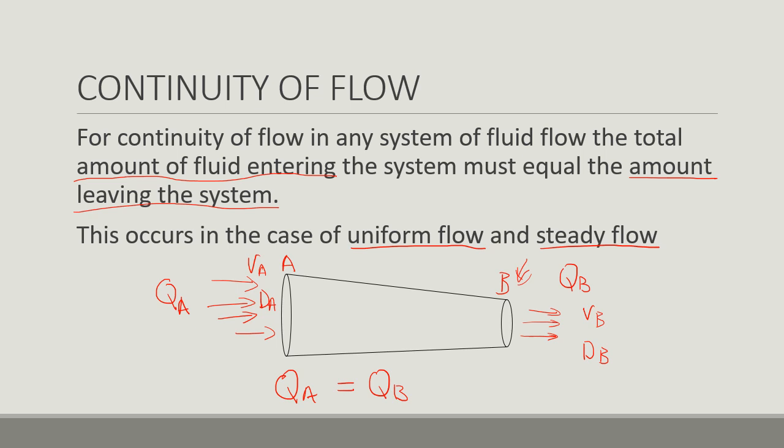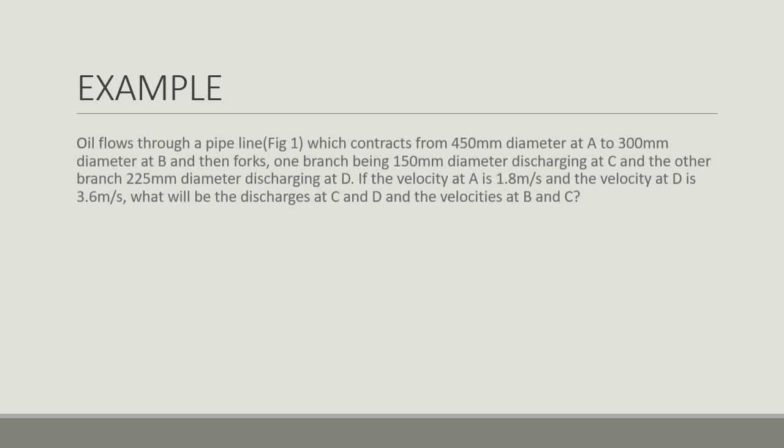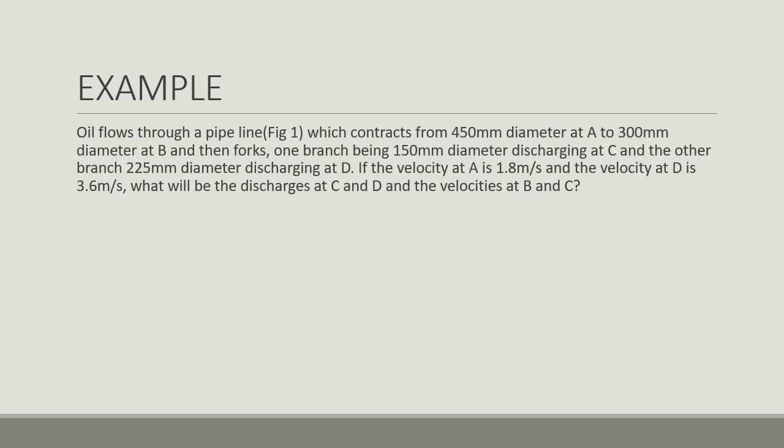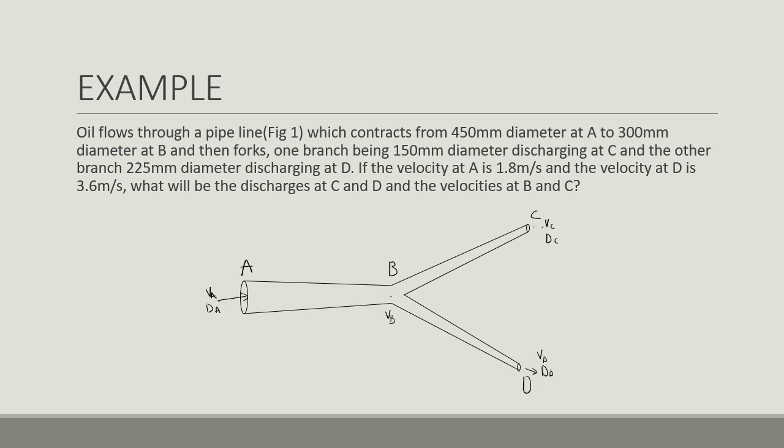Now, let us go on to solve an example on this. Oil flows through a pipeline in figure 1 below, which contracts from 450 millimeter diameter at A. So diameter at A. Okay, where is the figure? This is the figure, and there are the variables.